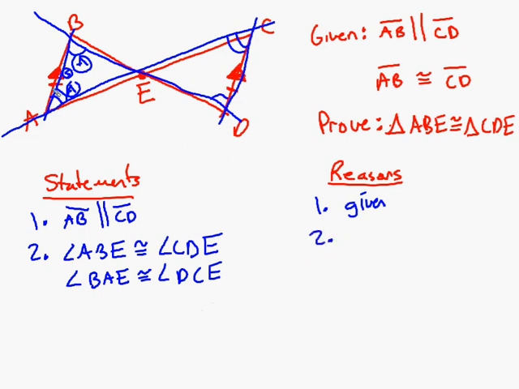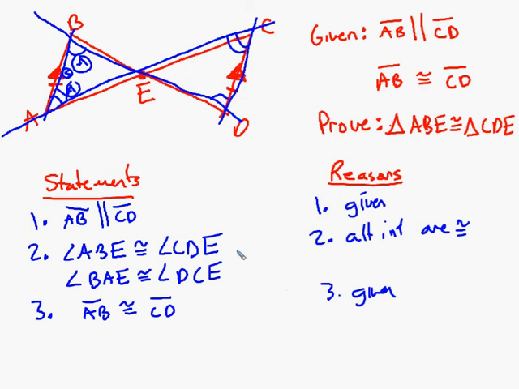And what reason did we give? Alternate interior angles are congruent. This wasn't that bad. And then we have our side is given, so segment AB is congruent to segment CD. That's given.